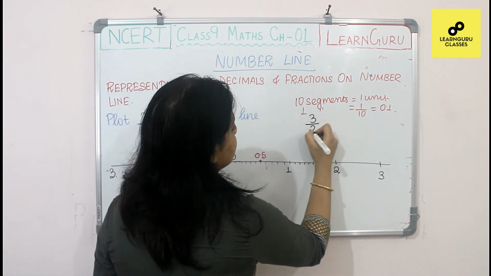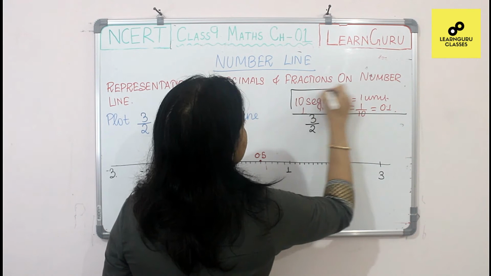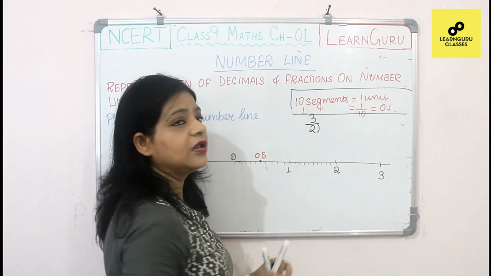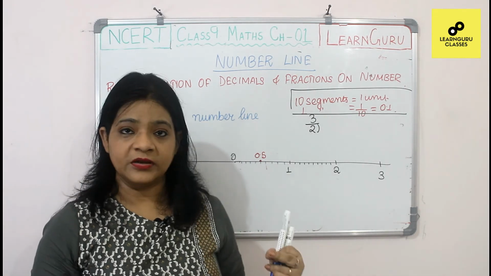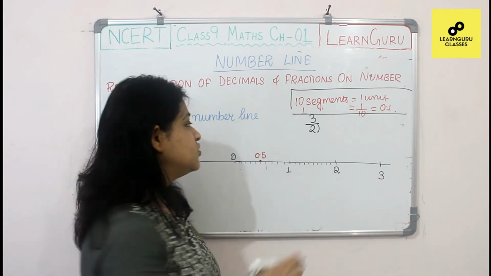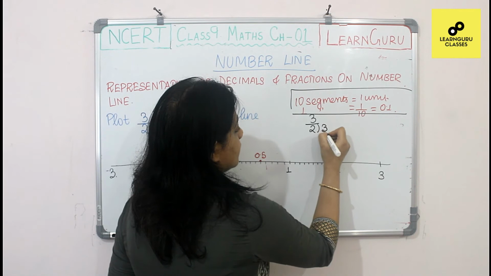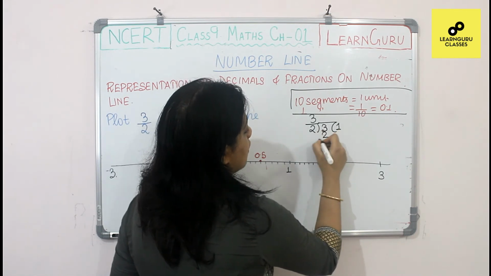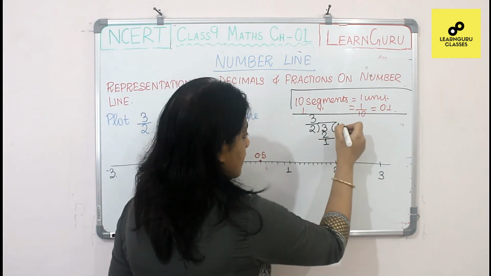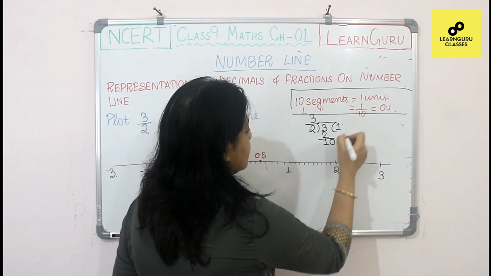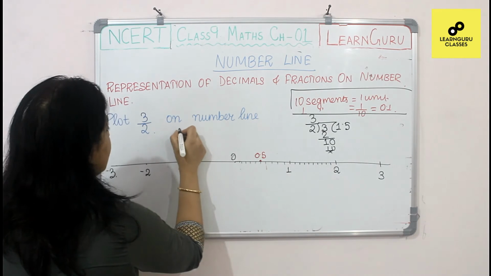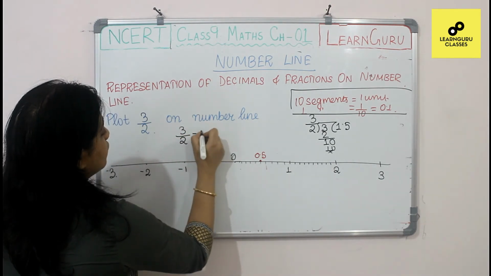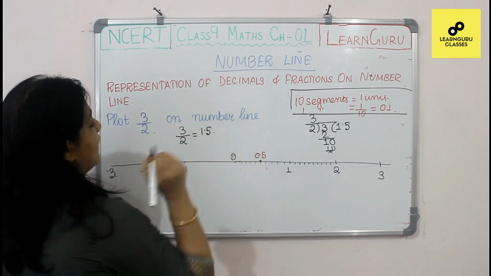To convert it, you divide the numerator by the denominator, that is 3 divided by 2. 2 ones are 2, the remainder is 1, put the decimal point, add a 0, 2 fives are 10. So the equivalent of 3 by 2 is 1.5.